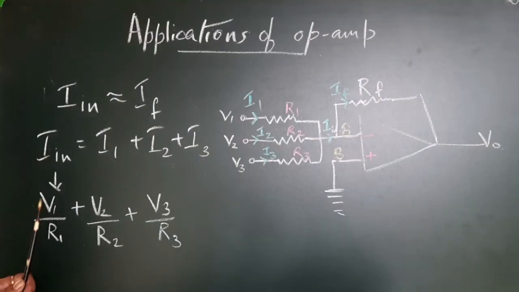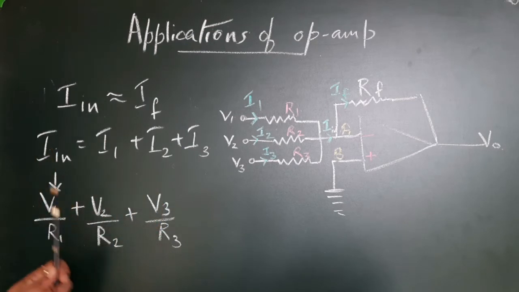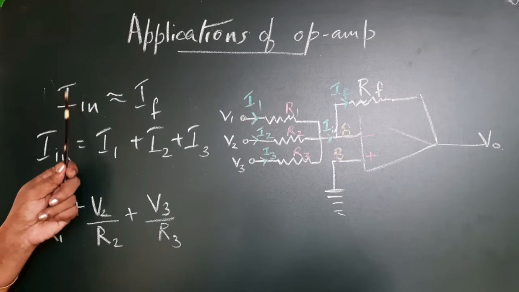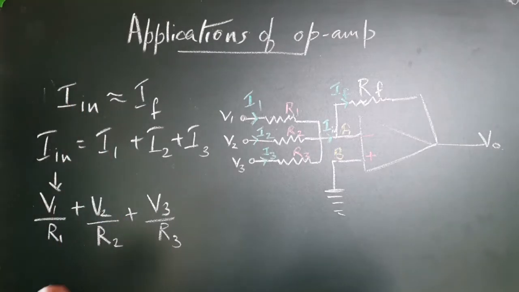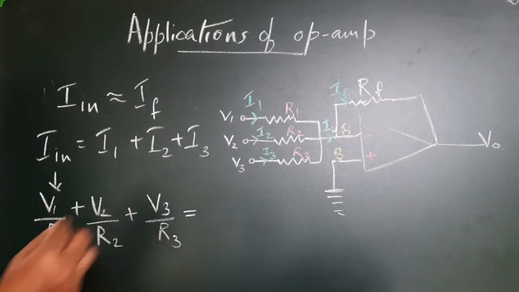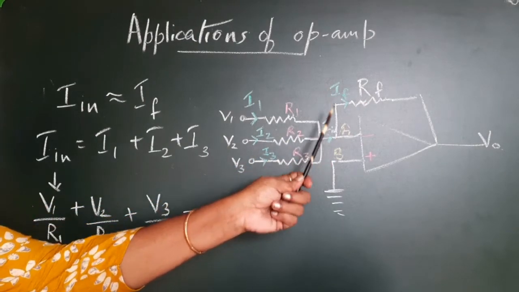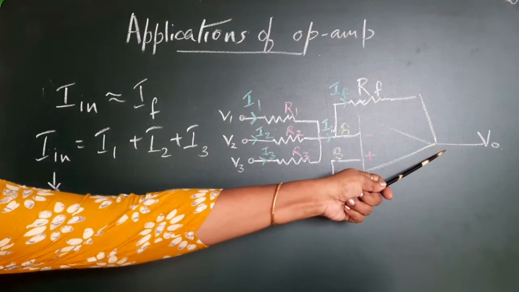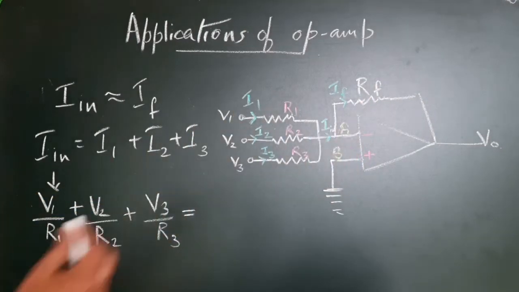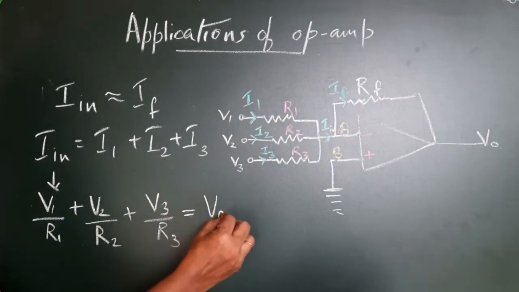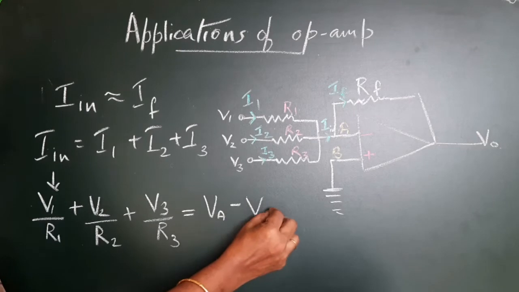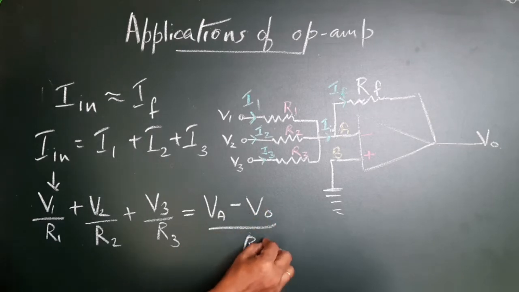So In equals V1 by R1 plus V2 by R2 plus V3 by R3. Now we have to equate this In with If. If is the current through RF. So it is VA minus Vout by RF.